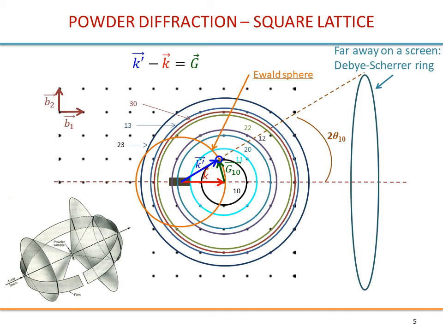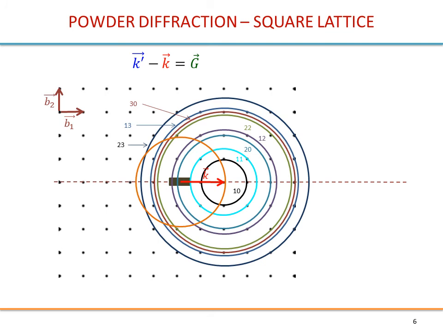So we can have a look at the next, 1, 1, for example. So 1, 1 will intersect here. Alright, so you will have your K prime here and your G 1, 1 here. Okay, and this is your angle theta 1, 1. Okay, we can continue with 2, 0.